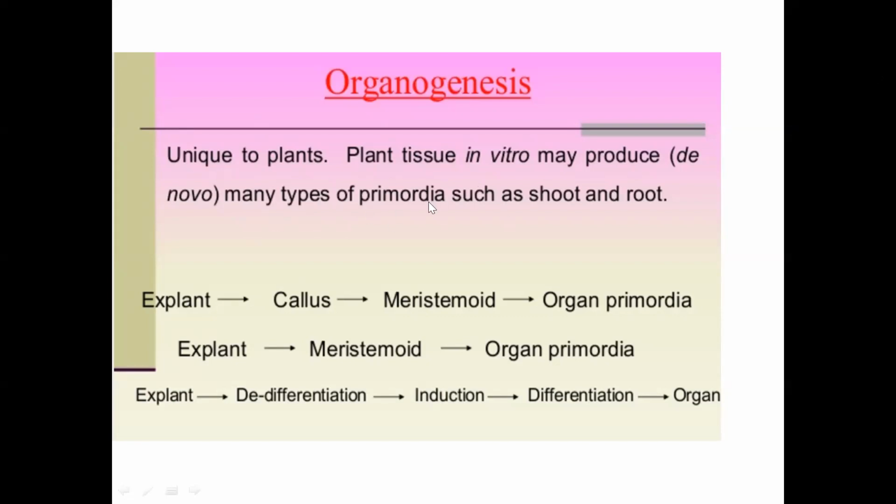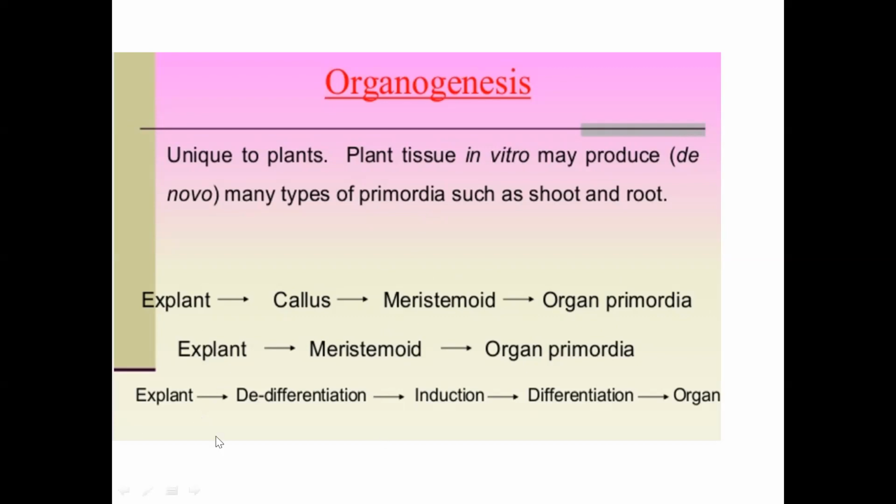Primordia means the first tissue for a shoot or a root. From the explant, callus, meristemoid it is called. The first primordia which I told you, the tip, meristemoid. Organ primordia means shoot tip or root tip.